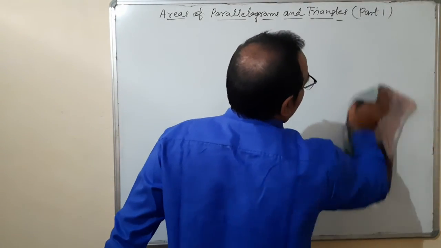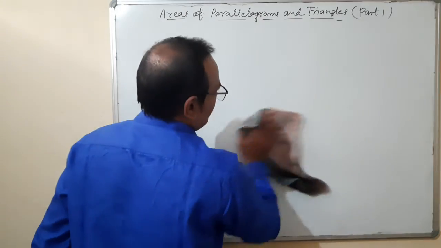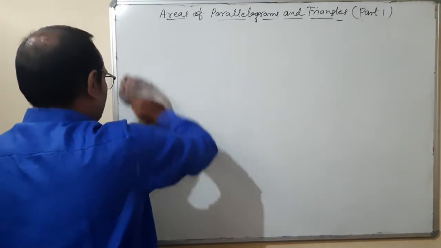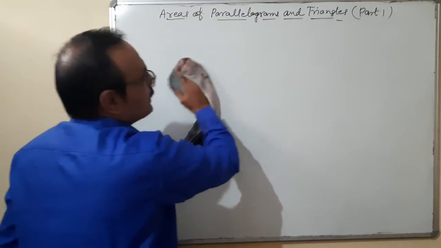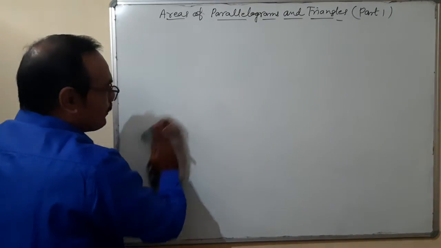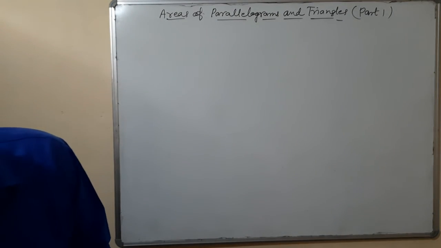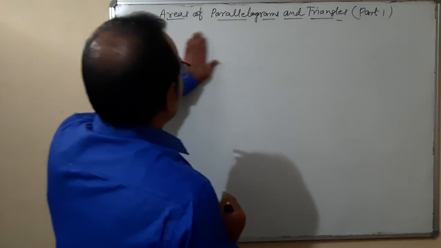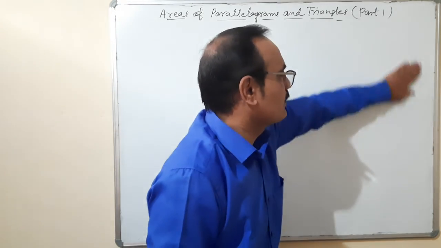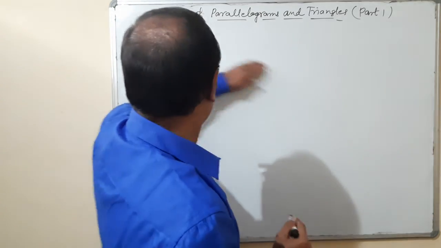The area of a parallelogram and triangle. If a parallelogram and a triangle are on the same base and between the same parallels, then the area of the triangle is half of the area of the parallelogram.